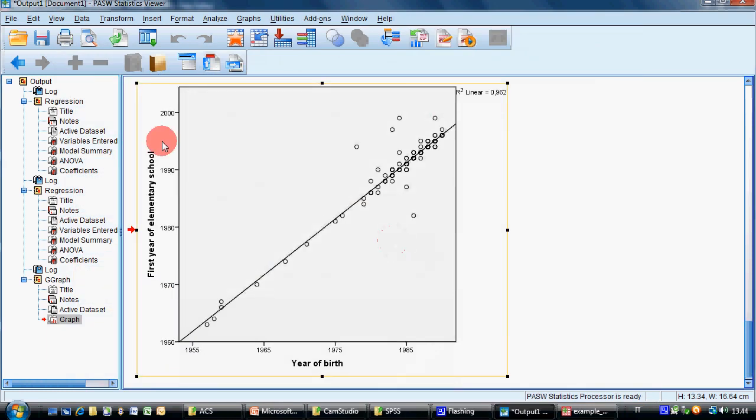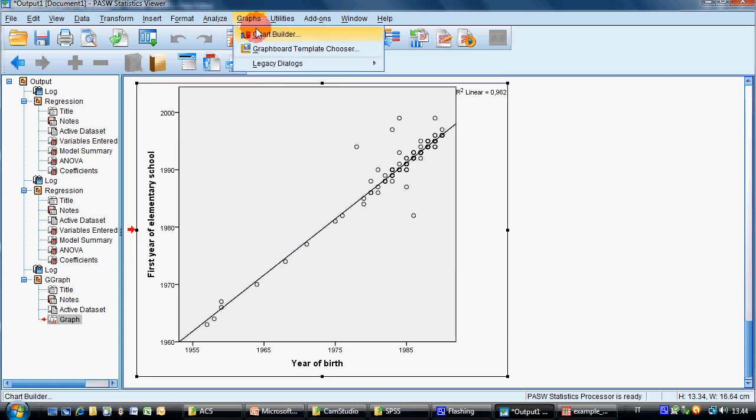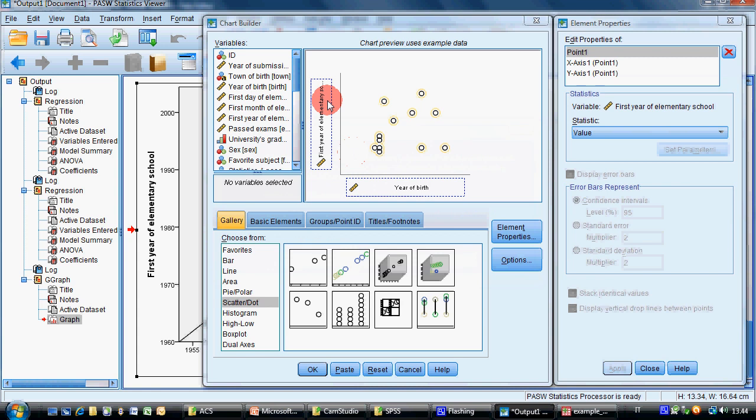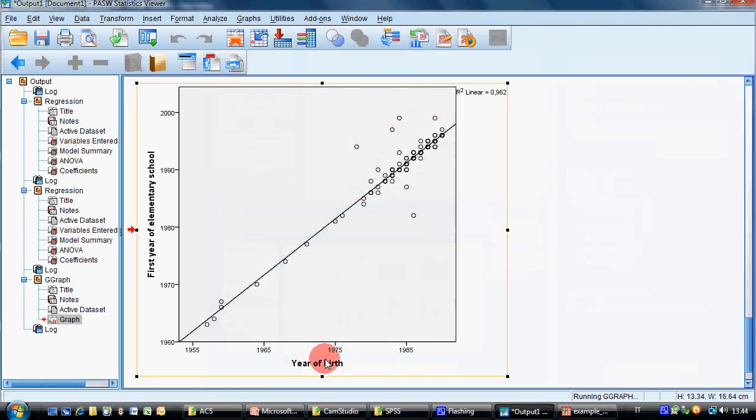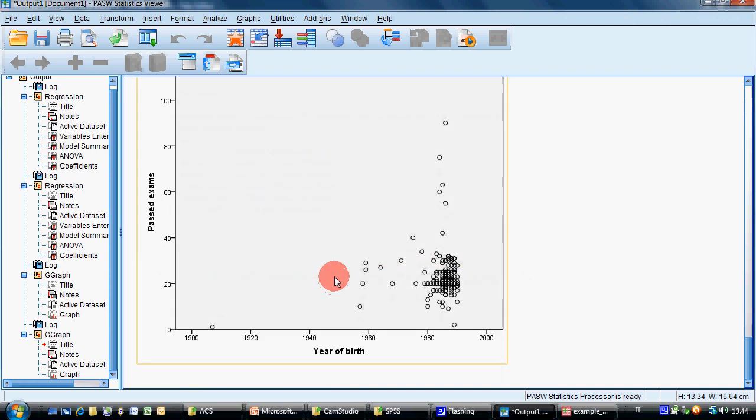Let's see the other one, the one which uses passed exams here as dependent variable. Graph, chart builder. So remove first year of elementary school and put passed exams. You can see data here don't seem to be so linearly related.